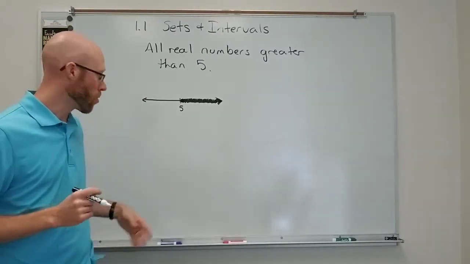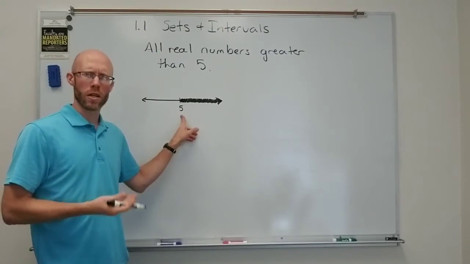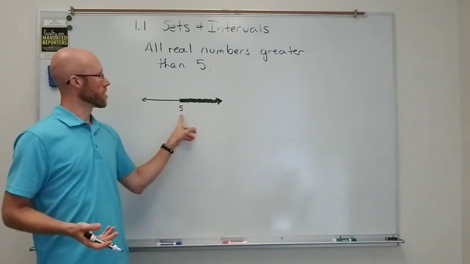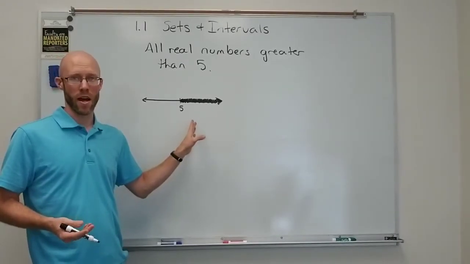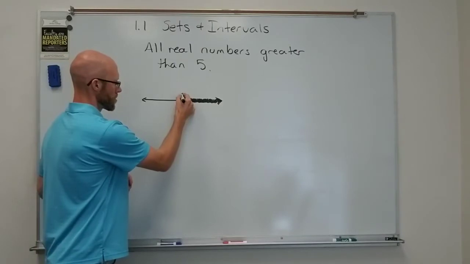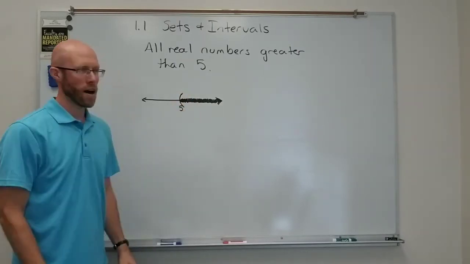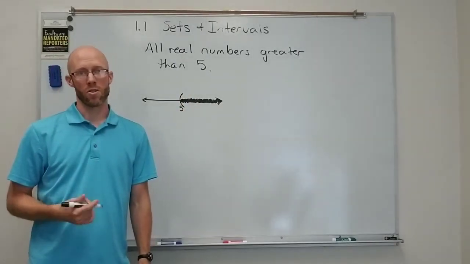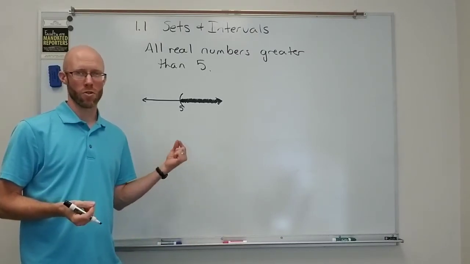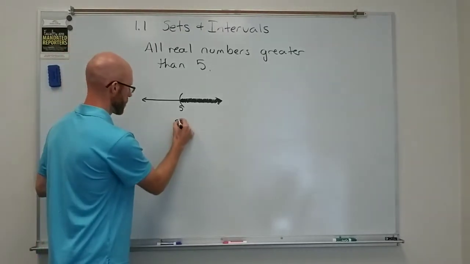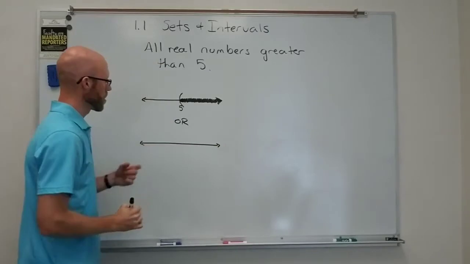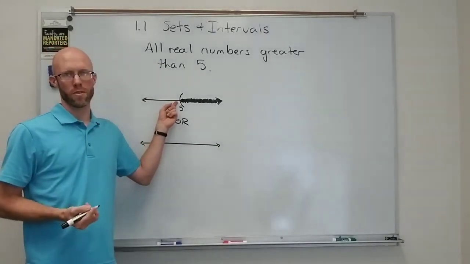Now on the end point, on the 5, I don't want to include 5 because 5 is not greater than itself. It's equal to itself. And so 5 is not included in this set. So to represent that, we're going to put a parenthesis at the number 5. Now, some of you may have learned this a little bit differently by using a circle. And you can do that, except when you do the homework in my math lab, they're going to use the parenthesis rather than the circle.